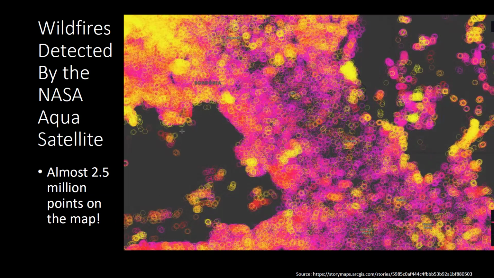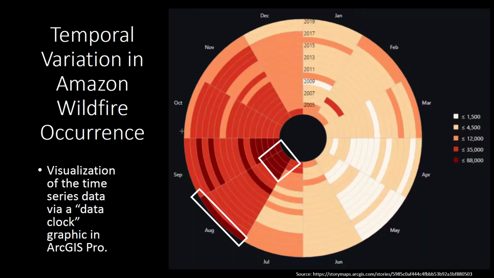So using the Aqua satellite, you can see the number of fires. This is a temporal graph that you can also make in GIS. So this is showing the number of fires across years from 2005 to 2019 and the depth of the color, just like symbology. You can use this doing the data clock graphics in ArcGIS Pro.